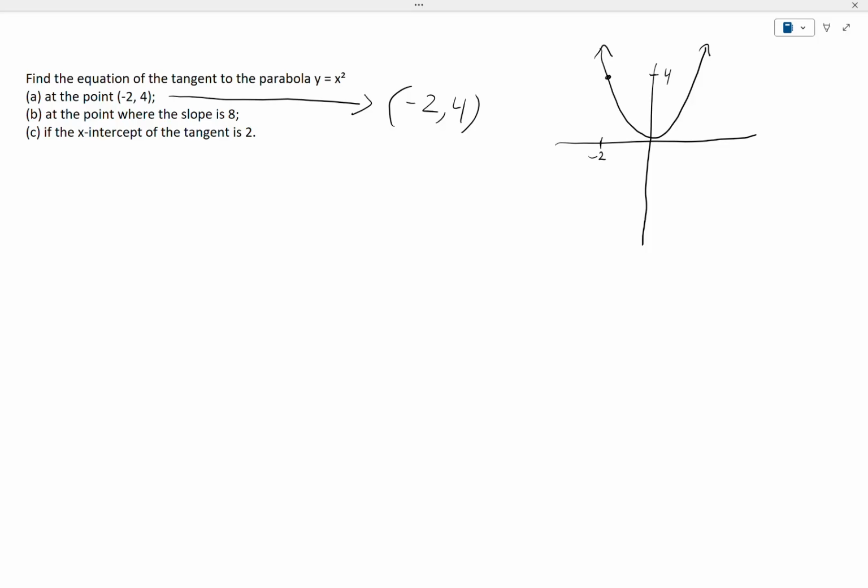There's multiple ways to do this. I'm going to start with just assuming that you already know some derivative formulas. So I'm looking for d(x squared)/dx evaluated at -2. First I'll just take the derivative.